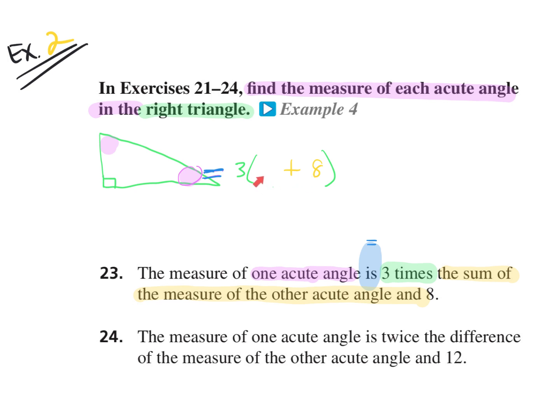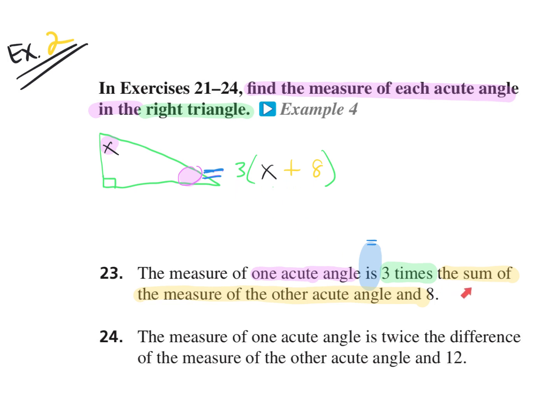Well, what's the other angle? We don't know. So that's where we'll let the other angle just be x. All right, let's review that. So one acute angle, we'll say this pink one, equals 3 times something in yellow.